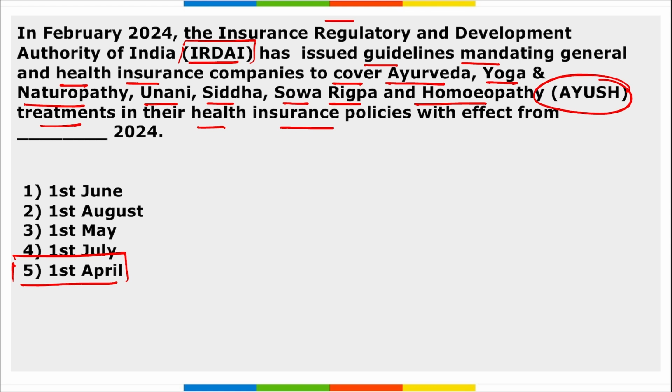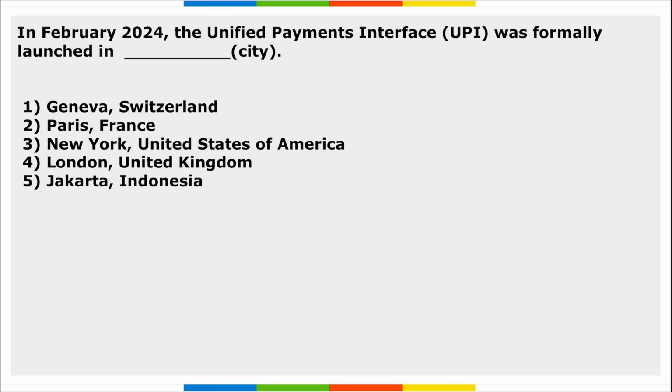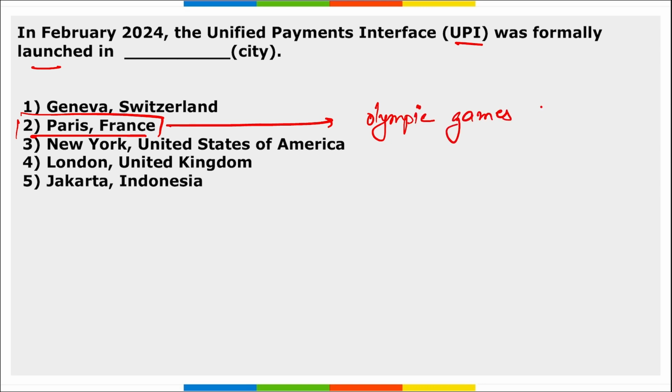That means all the insurance companies have to include Ayush-related treatments in their health insurance policies from 1st of April. Next, UPI was formally launched in Paris, France in the Feb month, and we will see that the Olympic Games will be held in Paris, France this year in 2024.